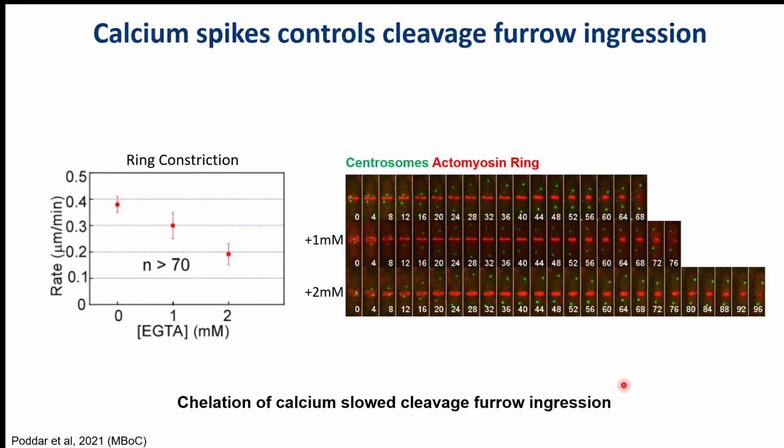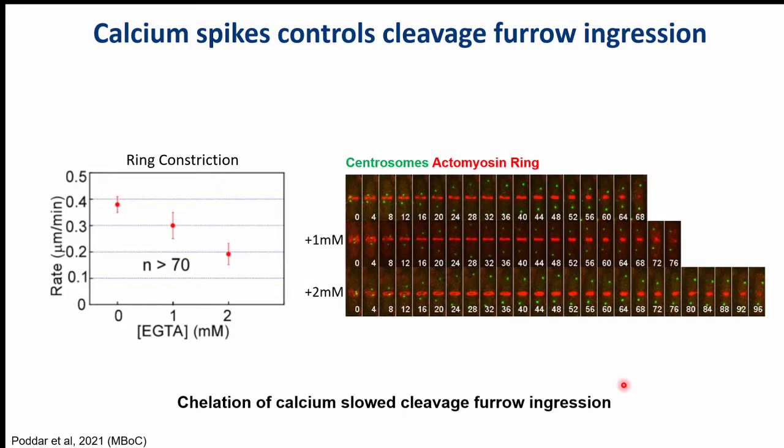As you can see on the left graph, the y-axis is the rate at which the contractile ring starts constricting, and on the x-axis is the dose dependency of EGTA. On the right is a time-lapse micrograph of a single cell going through cell division in the presence or absence of EGTA.